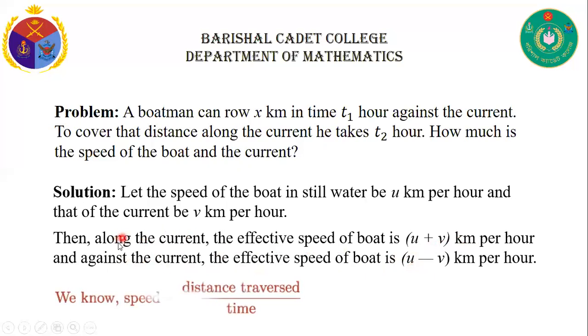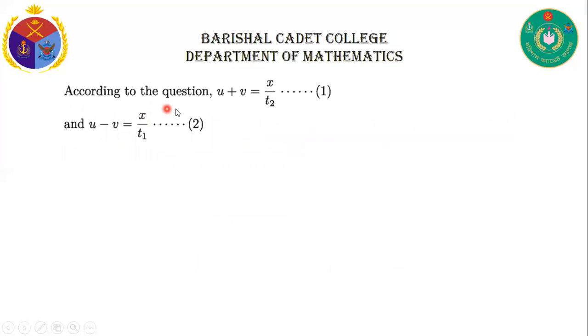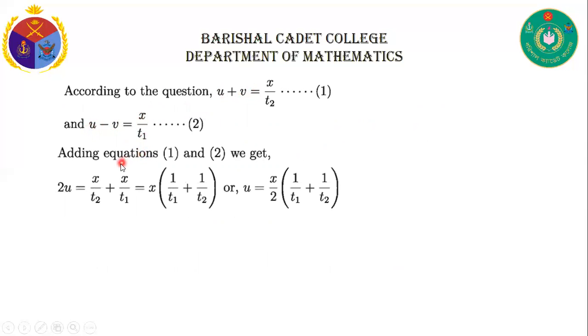So we know that speed equals distance traversed divided by time. According to the question, u plus v equals x by t2 and u minus v equals x by t1. Adding the two equations, we get 2u equals x by t2 plus x by t1, that is 2u equals x into (1 by t1 plus 1 by t2), or u equals x by 2 into (1 by t1 plus 1 by t2).